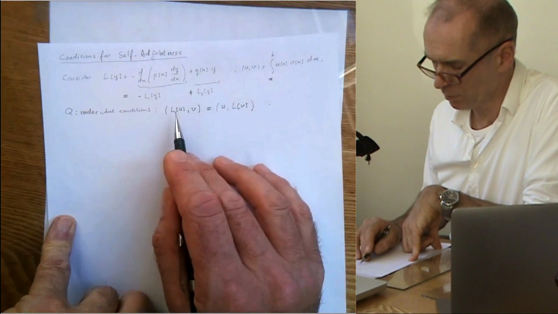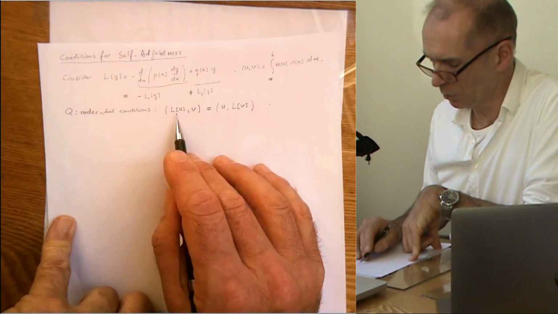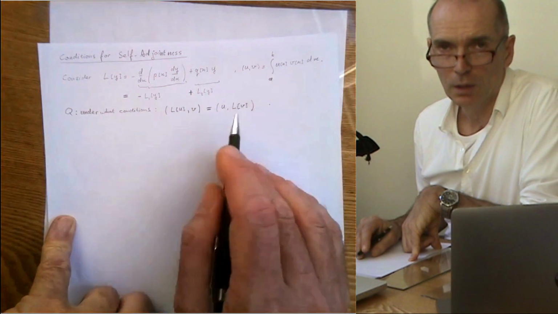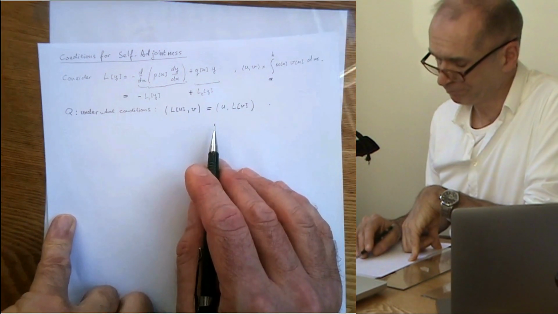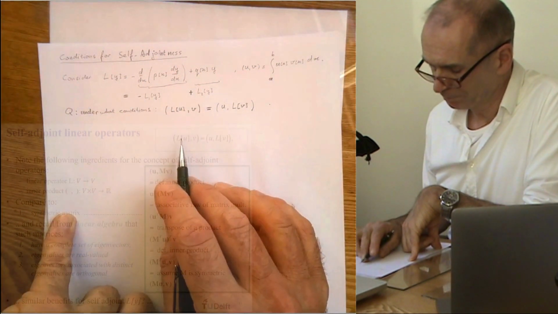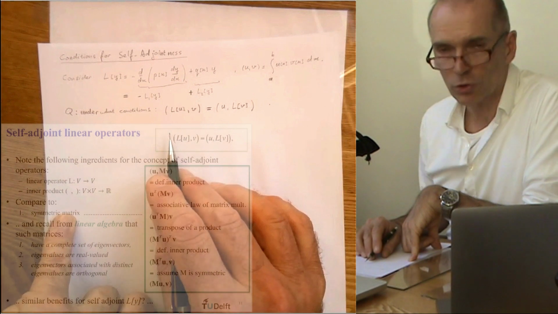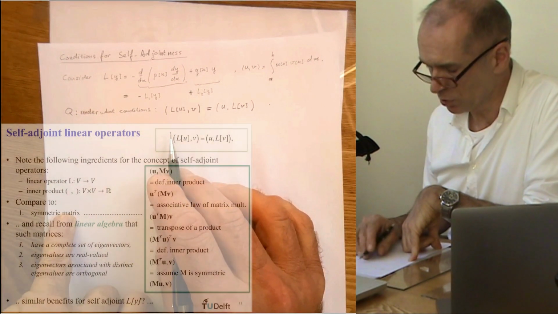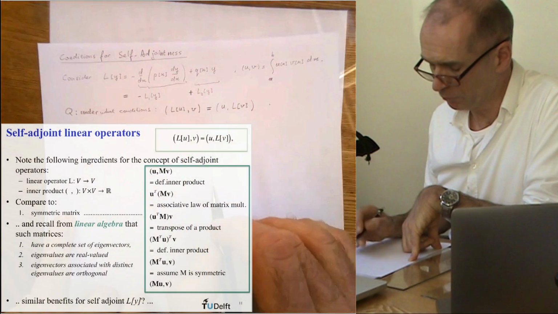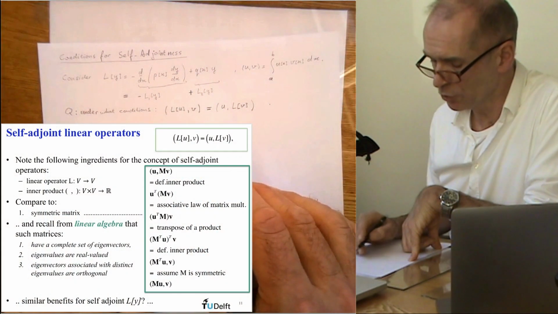So I can move that linear operator from one argument to the other in this inner product construct. Now, as we saw earlier, that is analogous to having a symmetric matrix sandwiched between a row and a column vector in linear algebra.